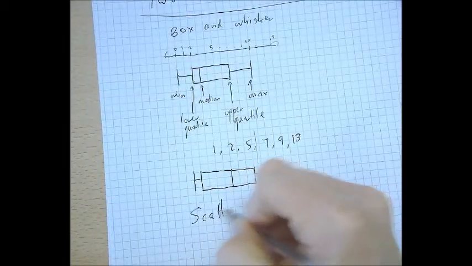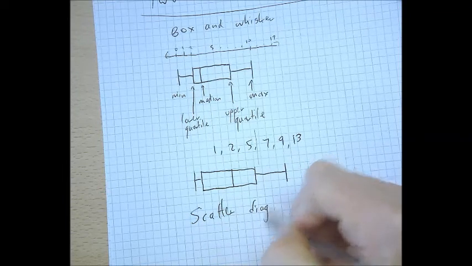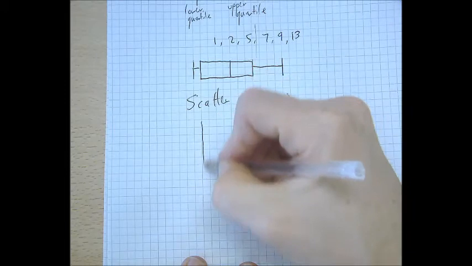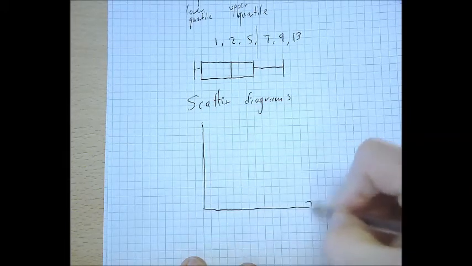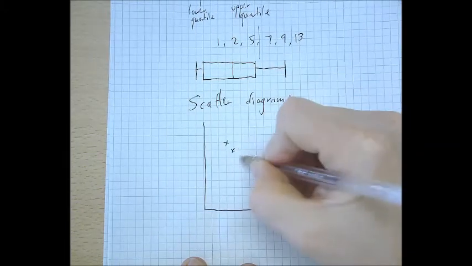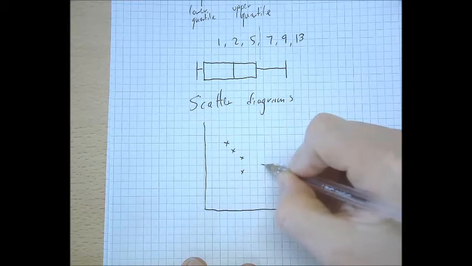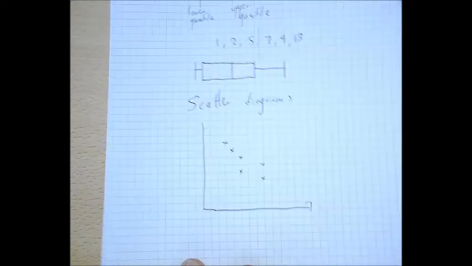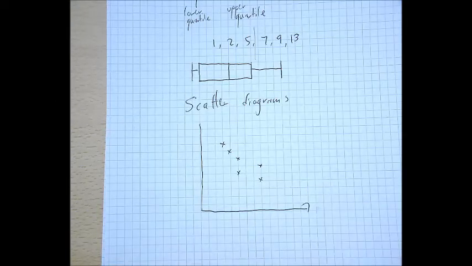Okay? Now, this other type you've seen 1,000 times. Called a scatter diagram. Okay, they look like this. Every single time you put a little cross on or a dot, you're actually telling somebody 2 things, because every time you put a cross on, you can ask how high is it.